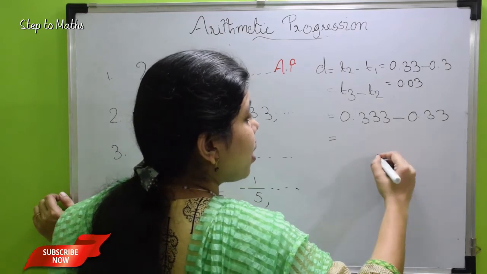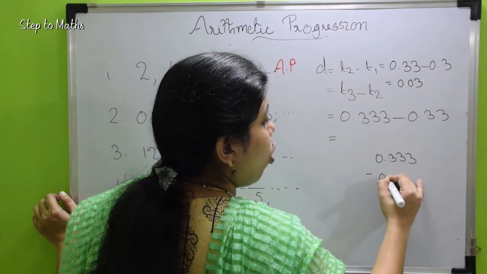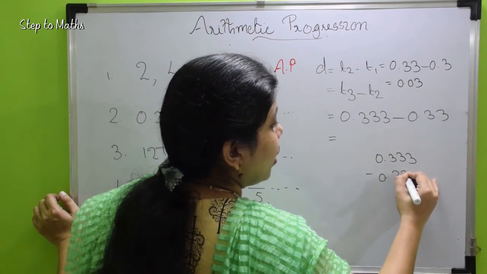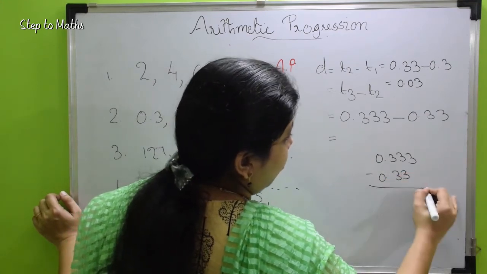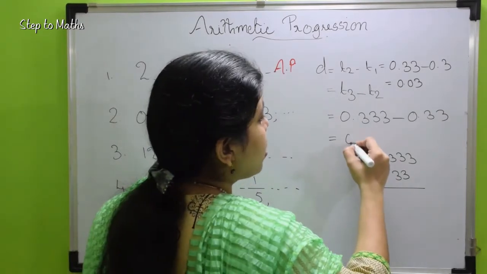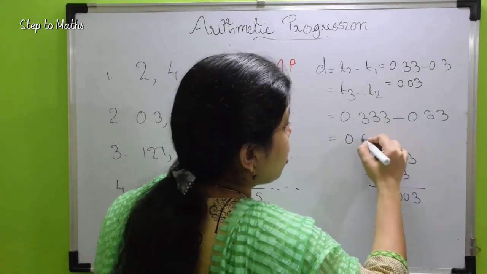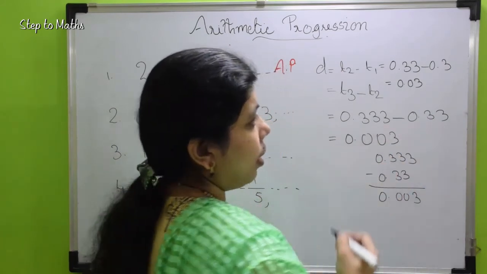0.333 minus 0.33. What is its value? 0.003.